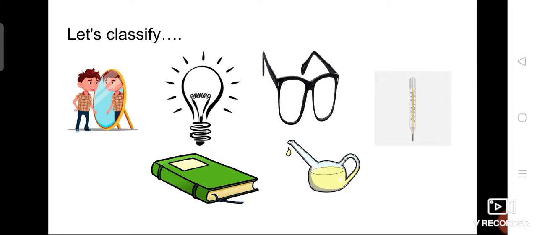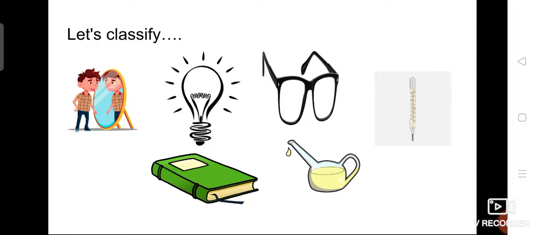No, because the mirror does not allow the light to pass through it. So the mirror is an opaque object, because here the light is not getting transmitted; rather, the light is getting reflected. That is why you are able to see your image.